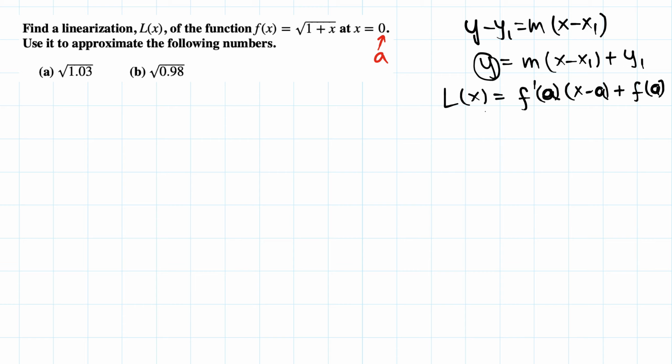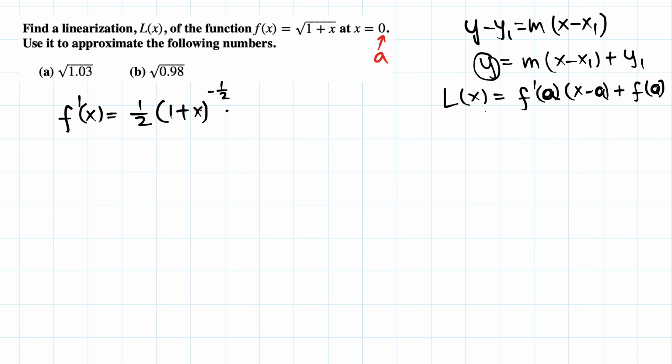So let's find the derivative of this function. The square root of 1 plus x means 1 plus x raised to 1/2. From the power rule, 1/2 times 1 plus x raised to 1/2 minus 1, which is negative 1/2, times the derivative of the inside function from the chain rule.